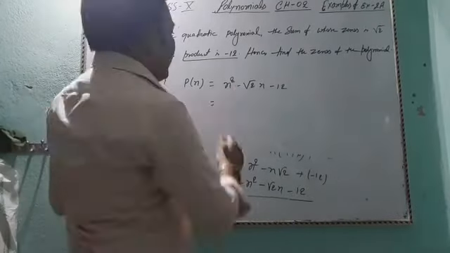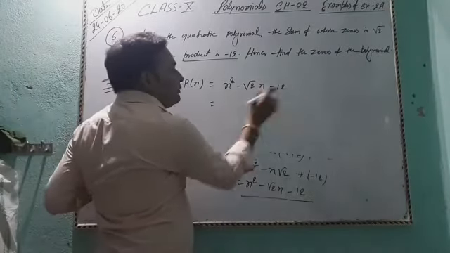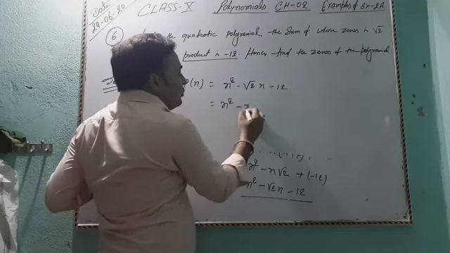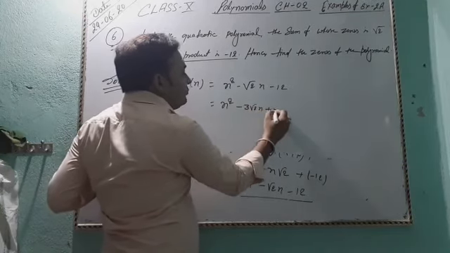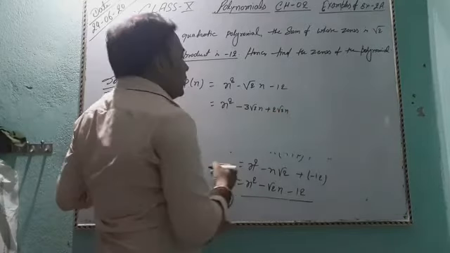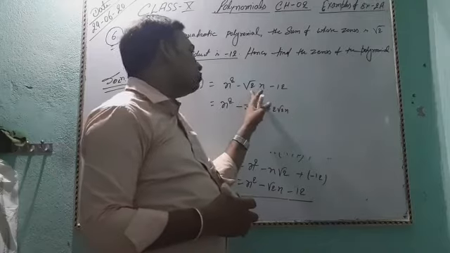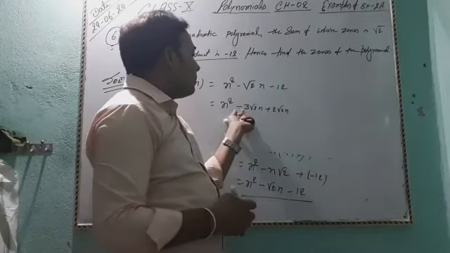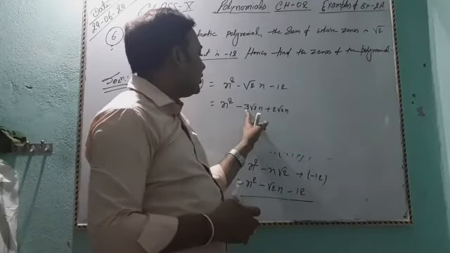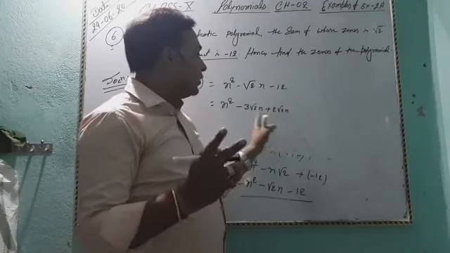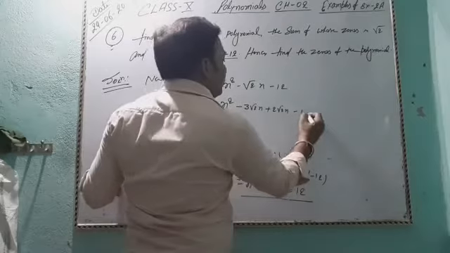So x square minus 3 root 2x plus 2 root 2x. So 3 root 2x minus 2 root 2x gives minus root 2x. And 3 times 2 is 6, and root 2 times root 2 is 2, so 6 times 2 is 12, minus 12.